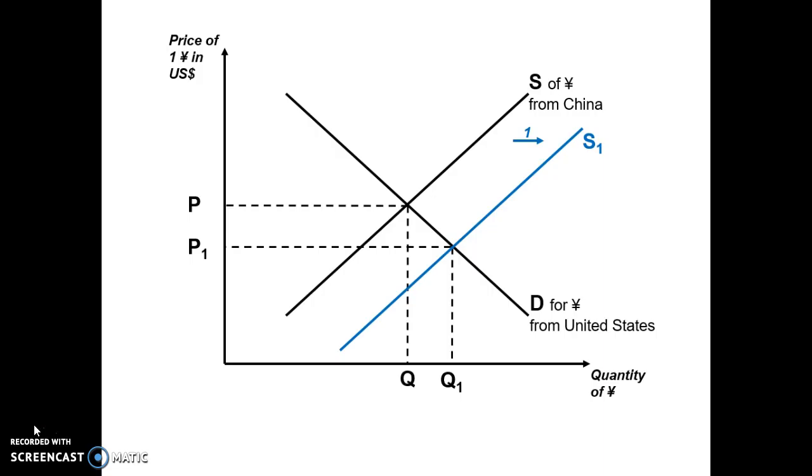Well, if this is fixed exchange, China does not want that to happen. How does China prevent it? They will look for a way to increase the demand for yuan from a foreign country, in this case the United States. Well, how can they do that? They could sell Chinese assets like Chinese bonds to make it so Americans want to buy those Chinese bonds, and to do that they need yuan.